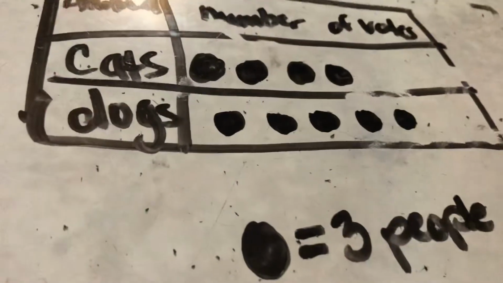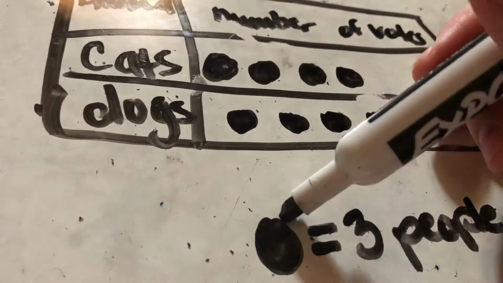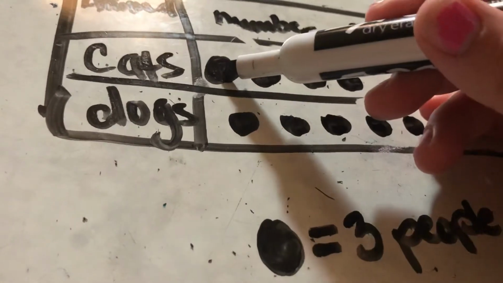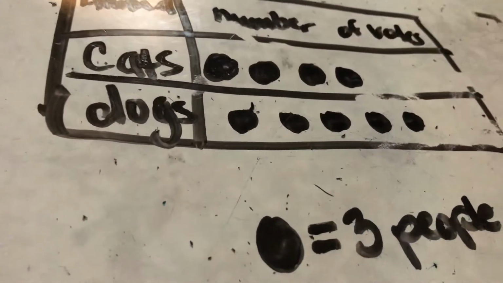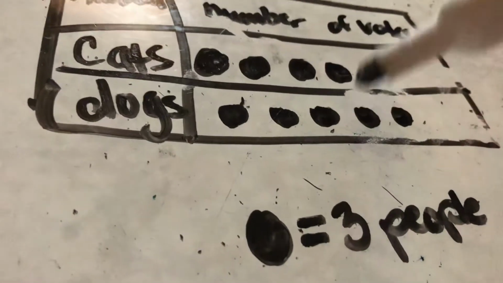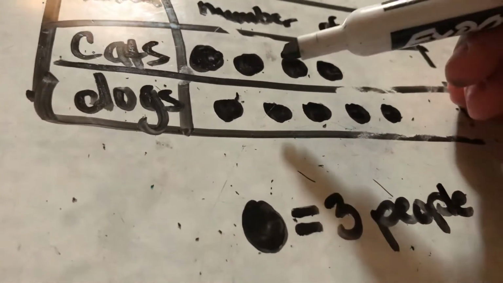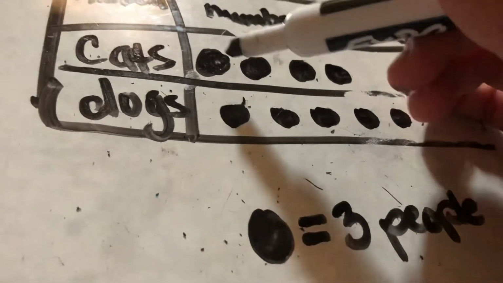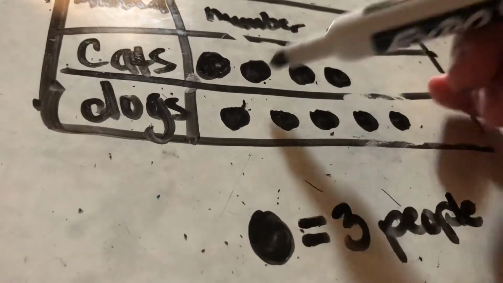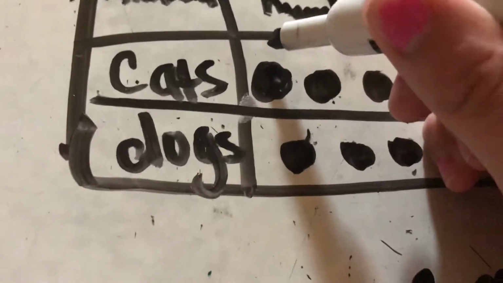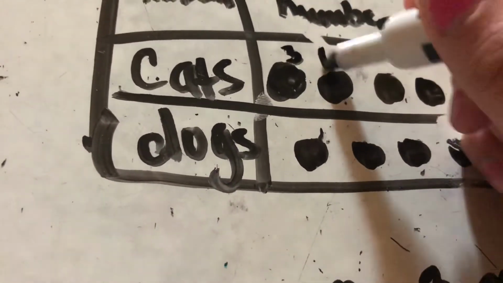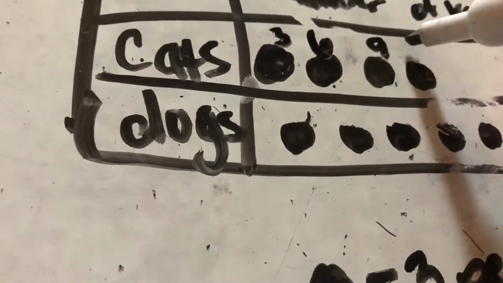Okay. So when you have a pictograph, or a symbol that stands for more than one person, you're going to use multiplication and addition, or repeated addition. Each one of these dots right here stands for 3 people. So I could go like this: 3, 6, 9, 12.